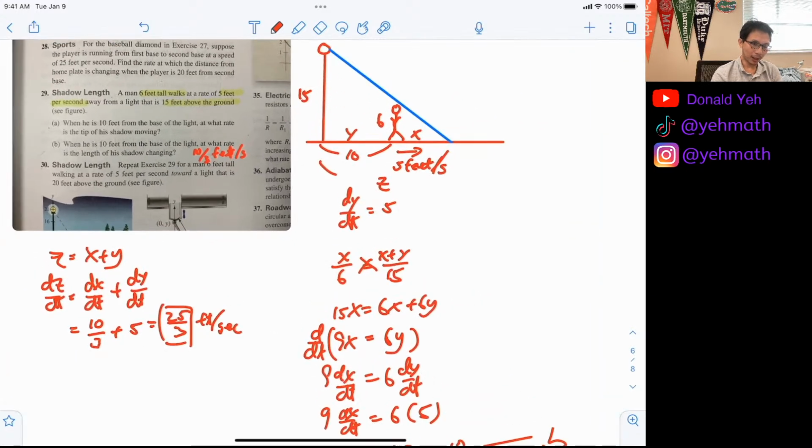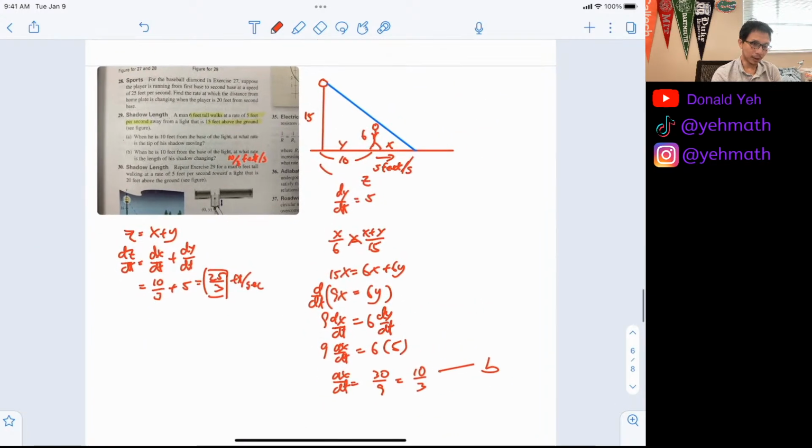That's the answer. If you realize, I never used 10 feet at all. The 10 feet is irrelevant to how fast the shadow is growing and how fast the tip of the shadow moves. It's extra information to throw you off.